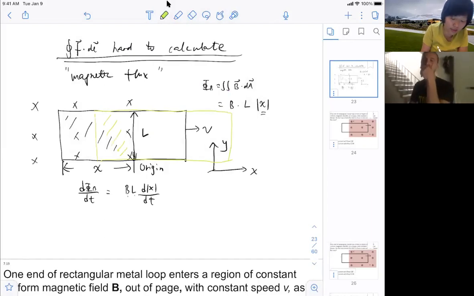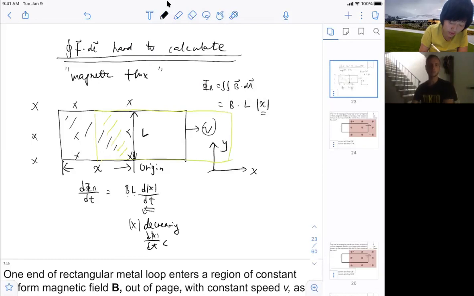Because X is decreasing with time, look at dx dt. Because V is pointing in the positive direction and X is decreasing, dx dt is smaller than 0. So dx dt is going to be what? Negative V, right? Negative V, velocity.